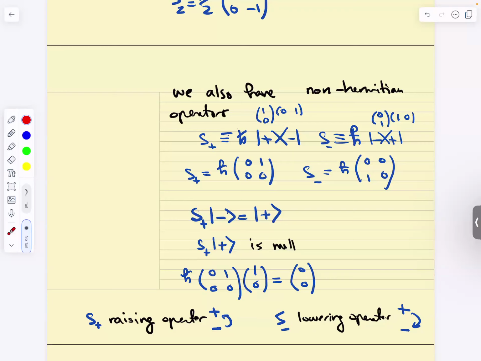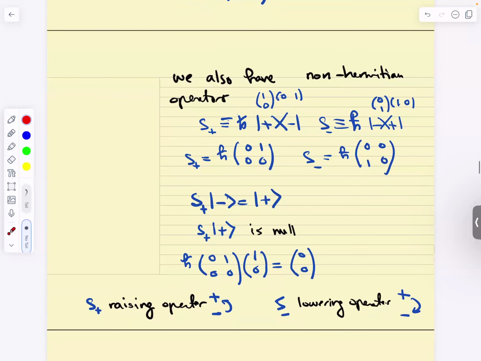So in notation, this S plus is like a raising operator. It raises because it brings minus to plus. Now it kills plus because plus could not be raised anymore. It's just a two-level system. S minus is a lowering operator.